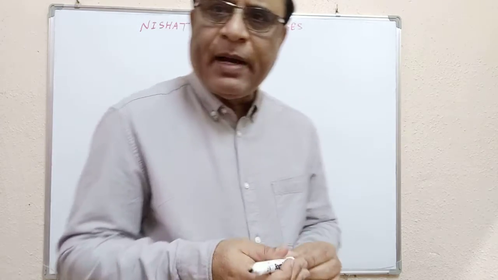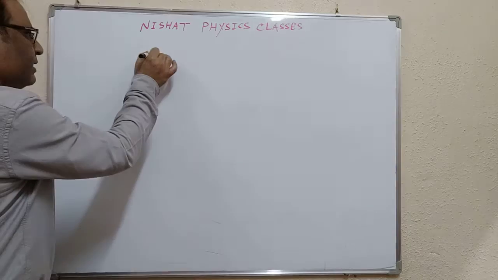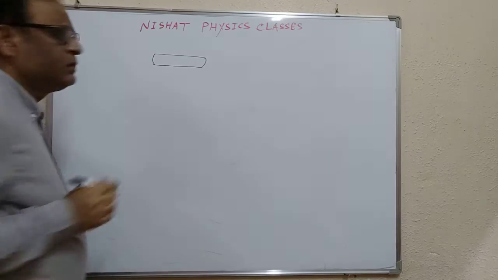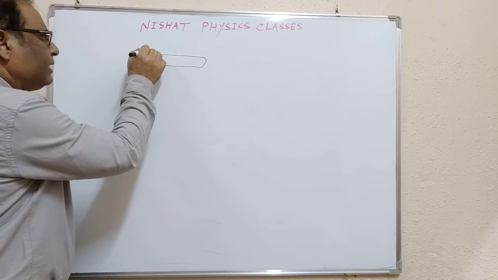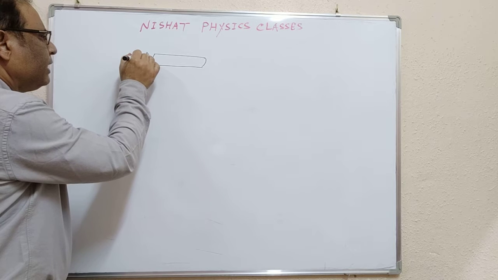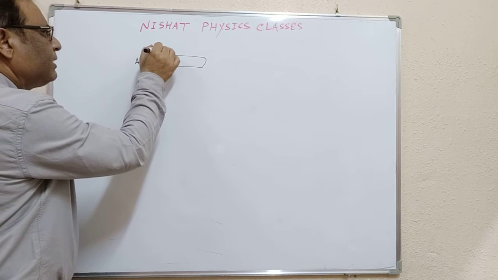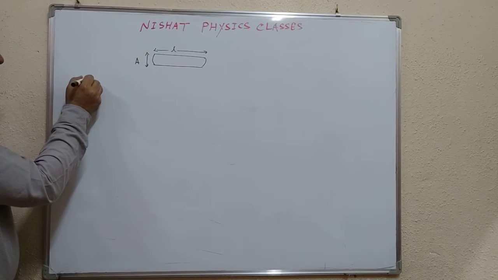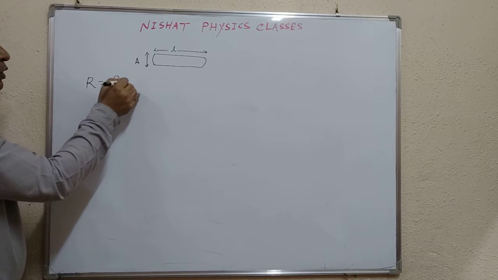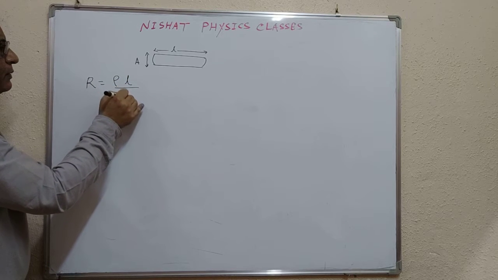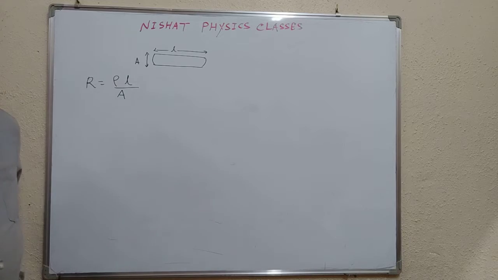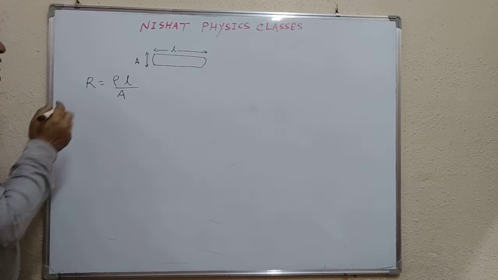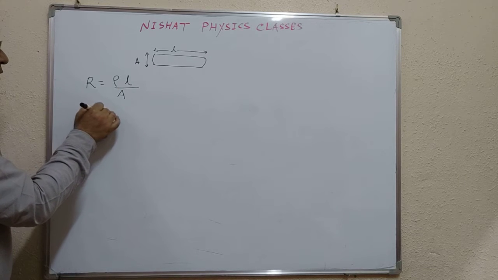Here, I am asking a question. Just see this. This is a conductor, and its cross section area is A and length is L. If we talk about the resistance, then R equals rho L upon A. Suppose that here resistance is 10 ohm.